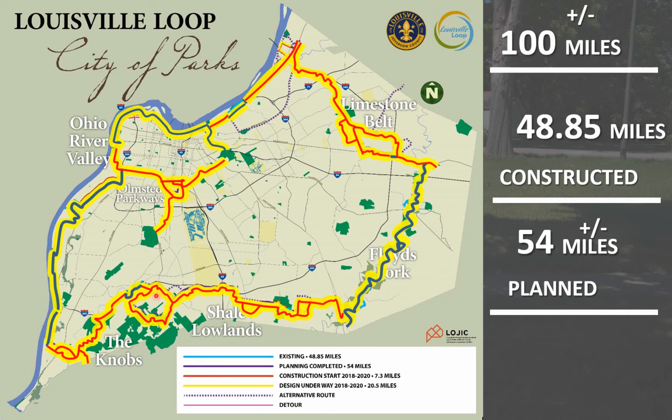The red part of this map is basically the shared use path that is still under design, and a few areas here on the east are under construction, or other areas are waiting for funding.